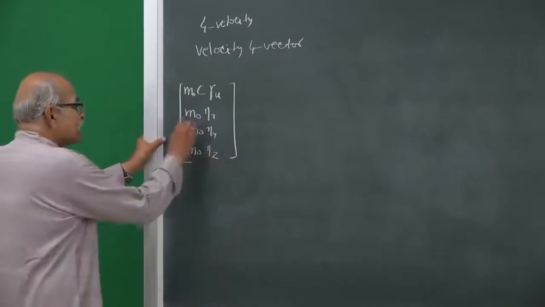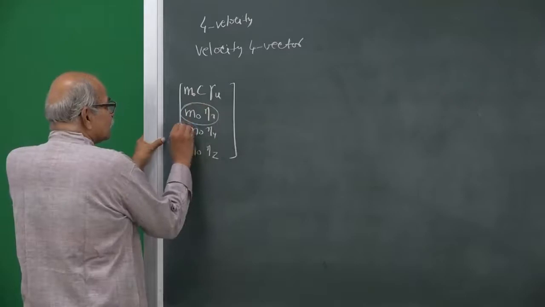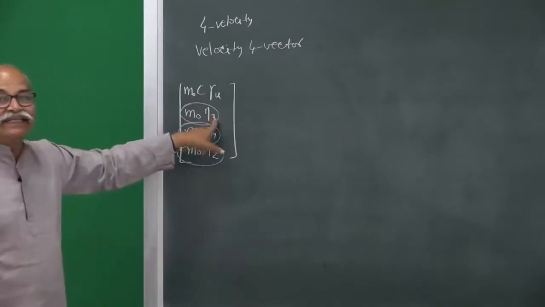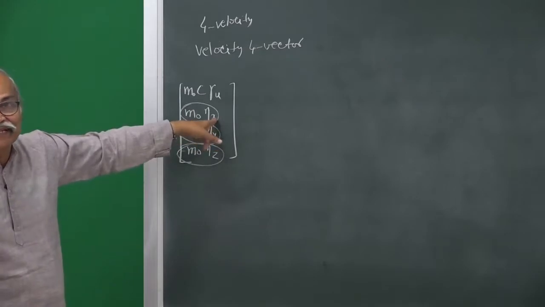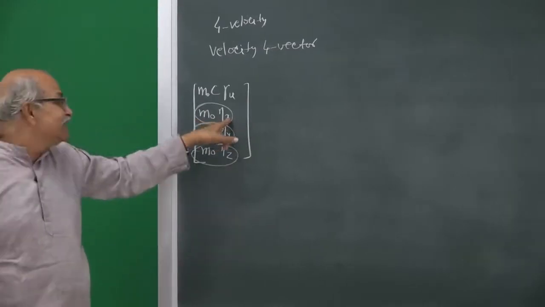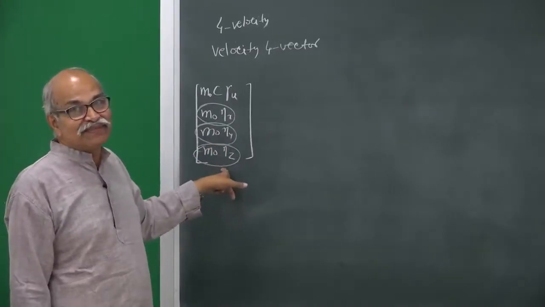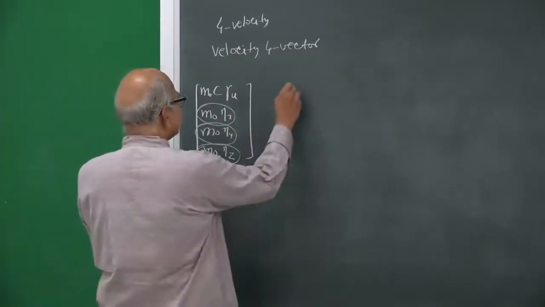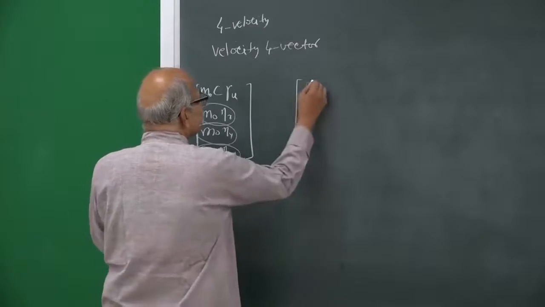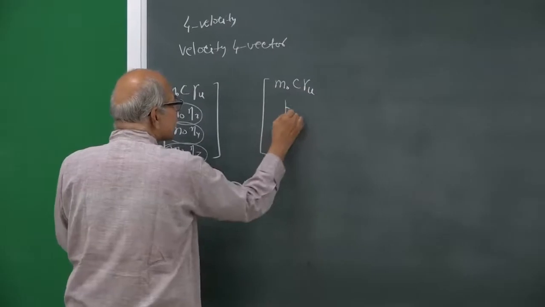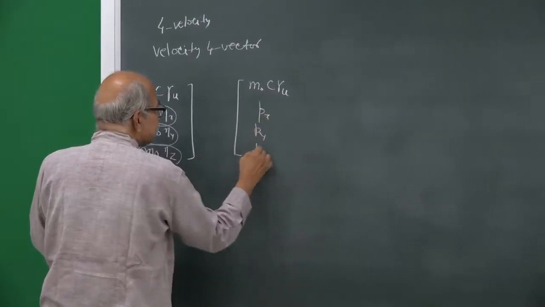Now, remember what is this? M naught times proper velocity. This is linear momentum x component, this is linear momentum y component, this is linear momentum z component. So, you have m naught c gamma u and then px, py, pz.